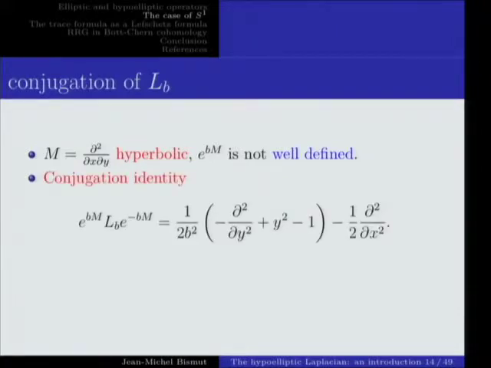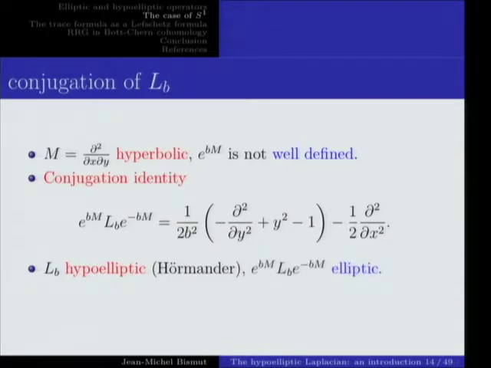However, what I'm saying is that you can write a conjugation identity. In some sense, this conjugation identity should be viewed in the space of operators with polynomial coefficients, so that for the moment it is purely Campbell-Hausdorff-like or formal conjugation, which says that conjugating the operator L_b by an operator which does not exist as an operator, you now get a nice operator which is, first of all, elliptic, which is self-adjoint, and in which the variables x and y have decoupled.